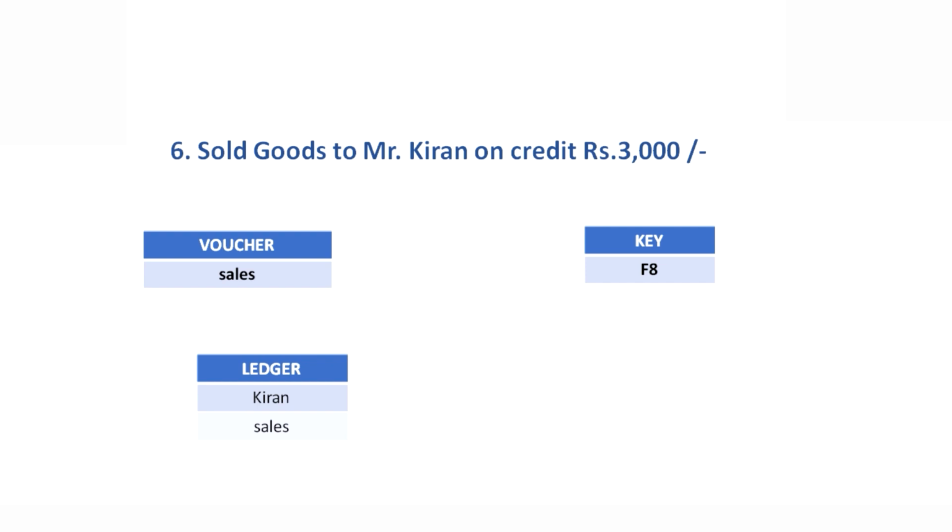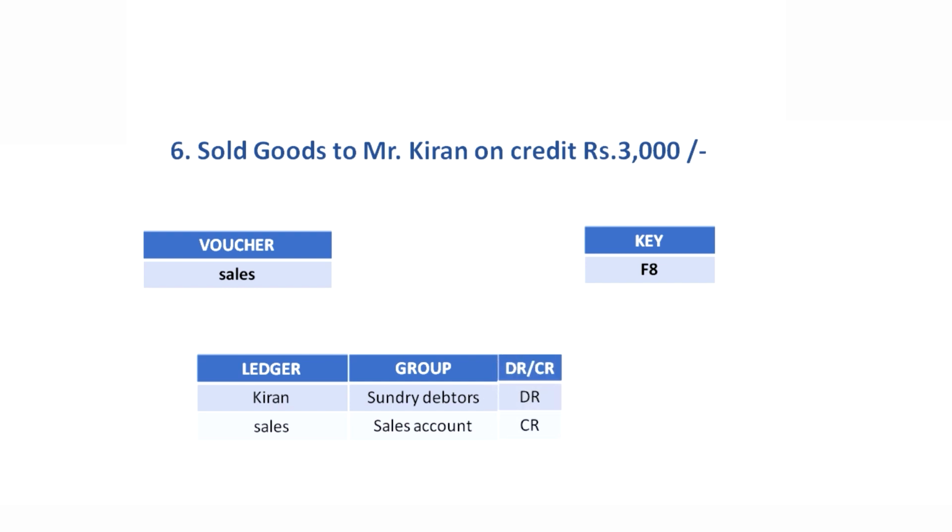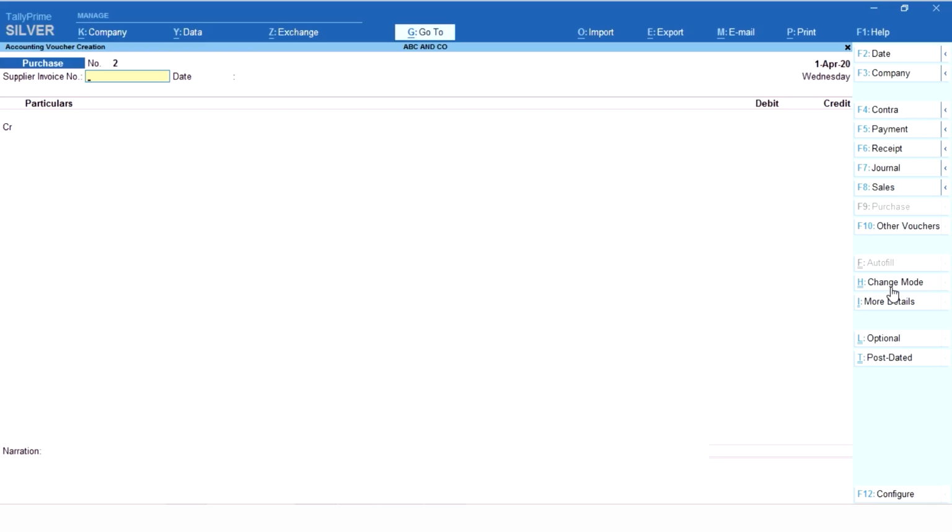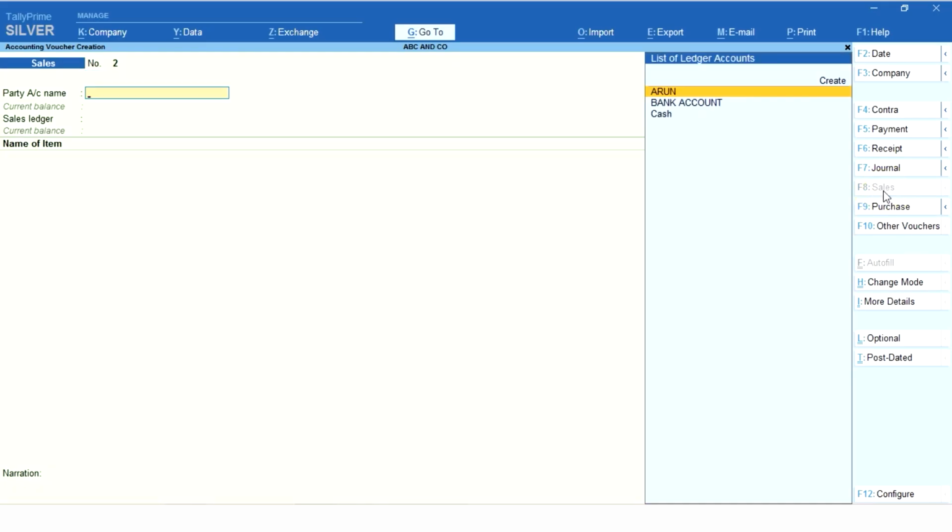So sales ledger is already created for the previous transaction, so no need to create it again. So we'll create only Kiran account under sundry debtors and we debit Kiran credit sales account to pass this transaction with the worth of 3000. So we go to sales, voucher mode.